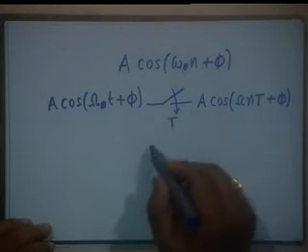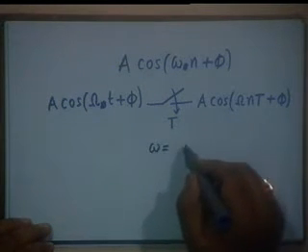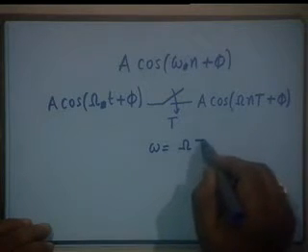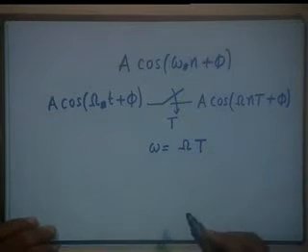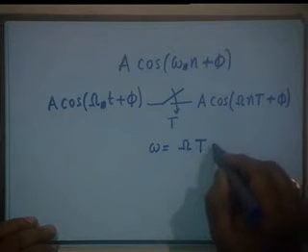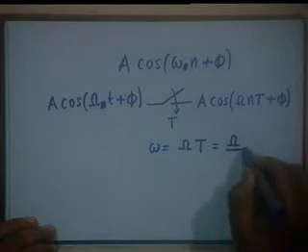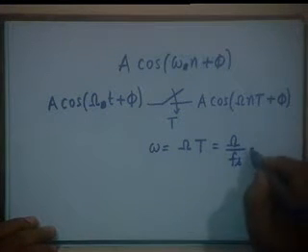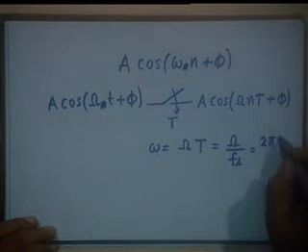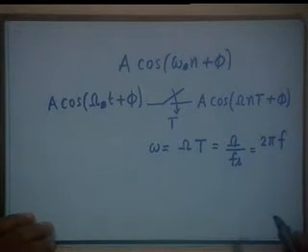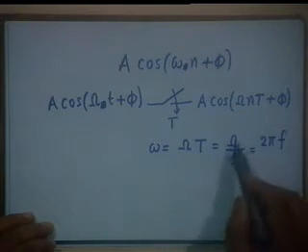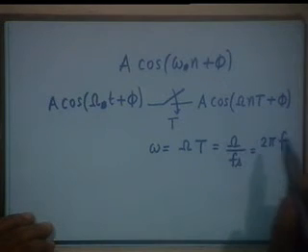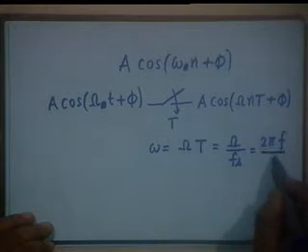So what is omega? Omega is capital omega multiplied by T, which I can write as capital omega by Fs. Fs is the sampling frequency. That is equal to 2 pi F by Fs, where capital omega is in radians per second, and F is in cycles per second, hertz.